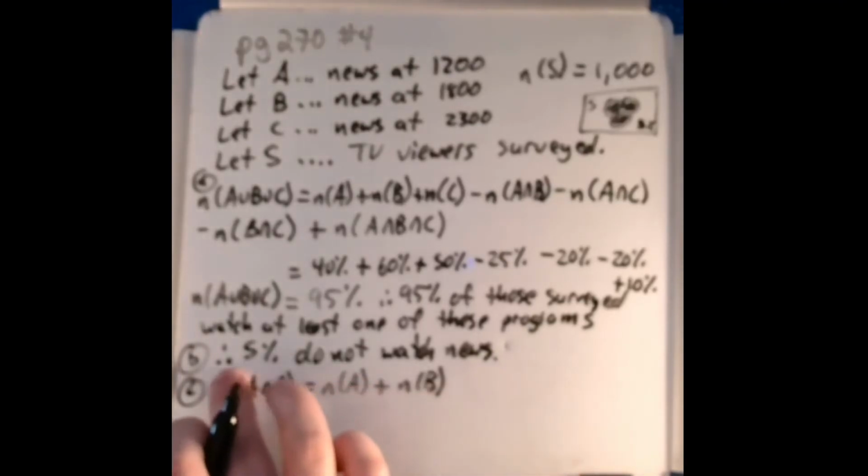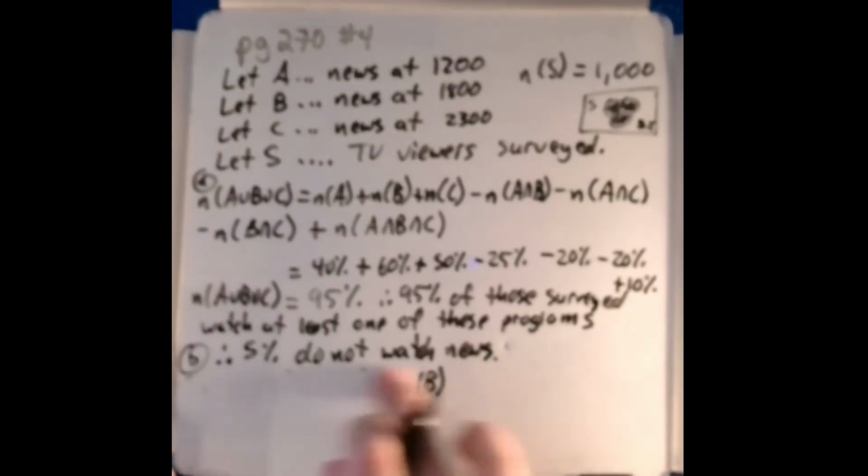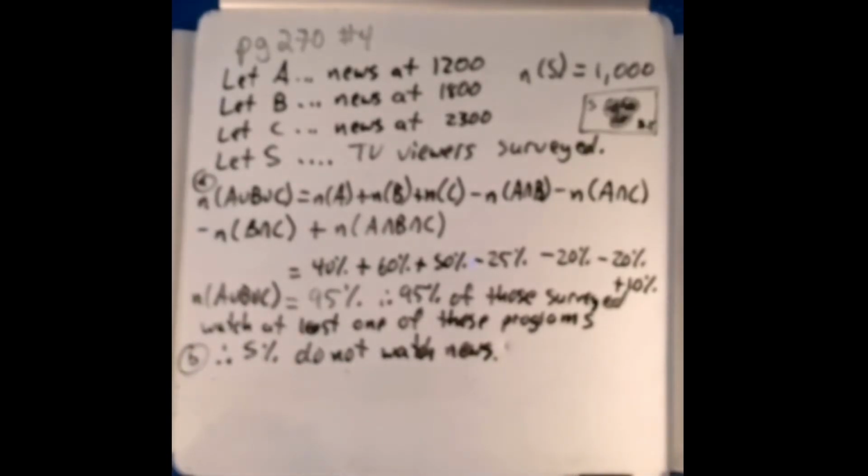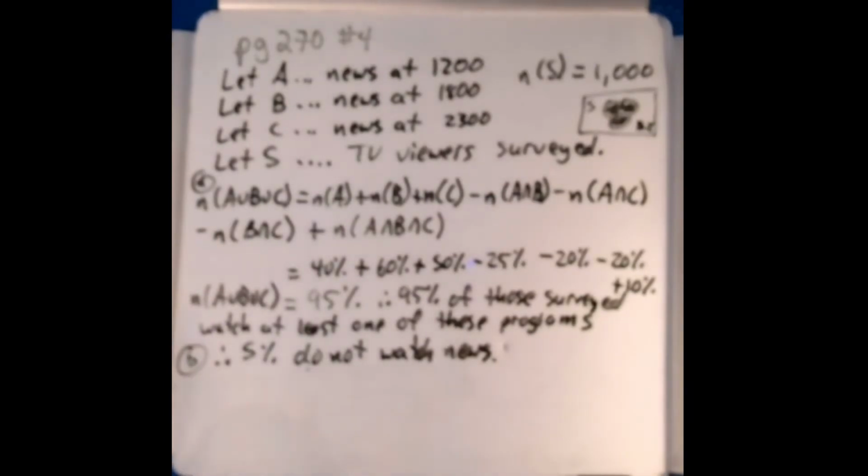Actually, we don't need to do it that way. One moment. In order to figure out the rest, I find it easier to make a Venn diagram. So let's go ahead and do that.